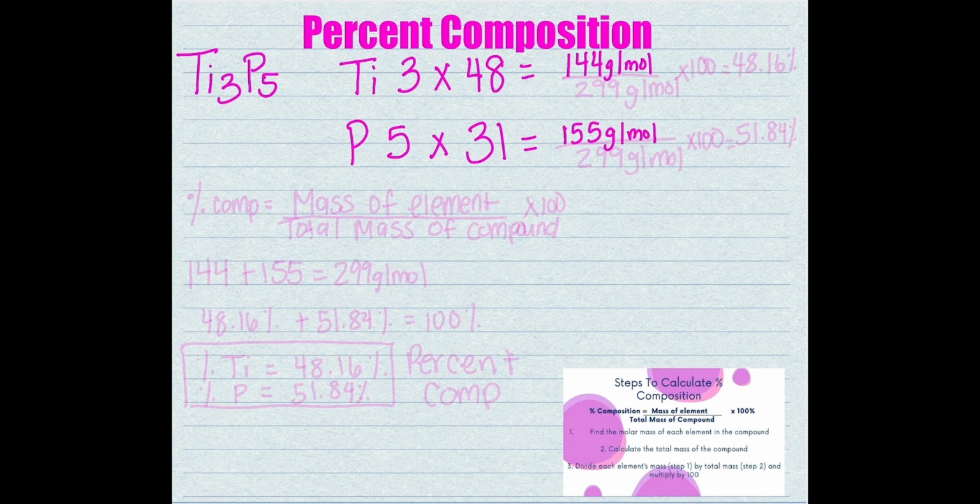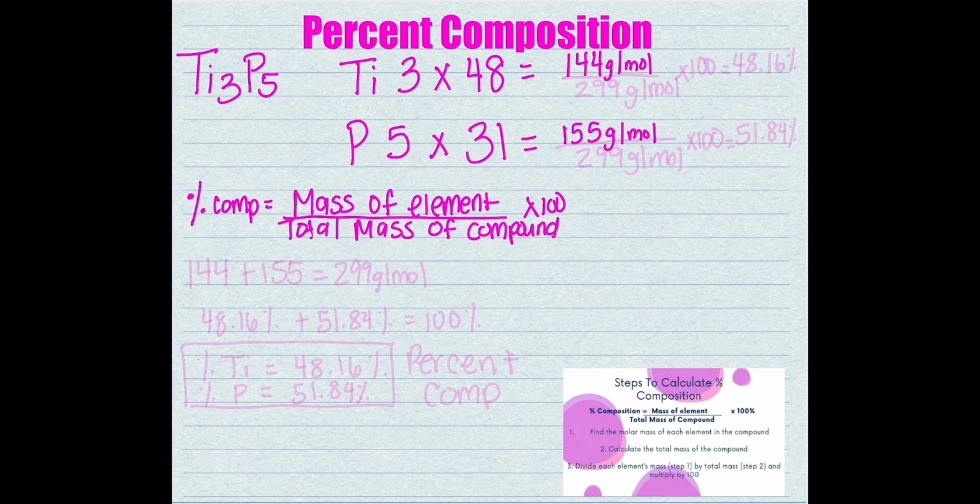Next, we want to calculate the total mass of the compound. Now, for those of you that are confused about what that looks like or where that comes from, the percent composition formula states that we have to have mass of element divided by total mass of compound times 100, okay?